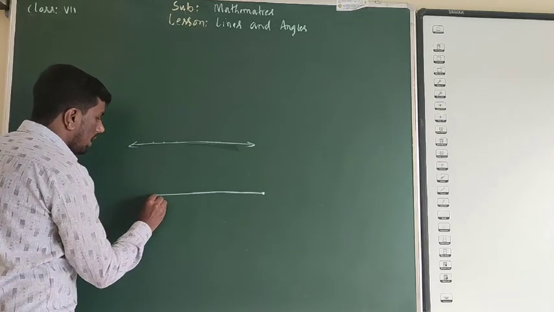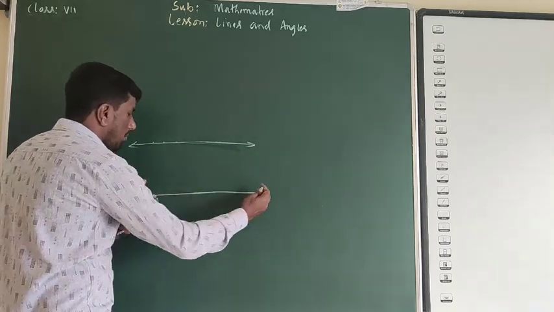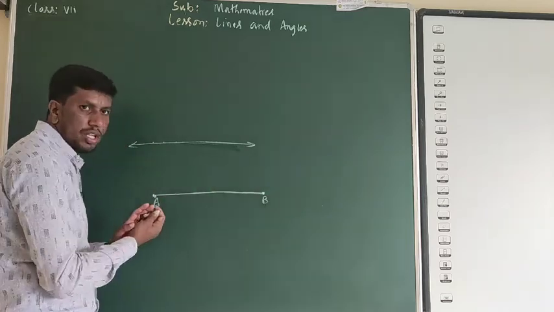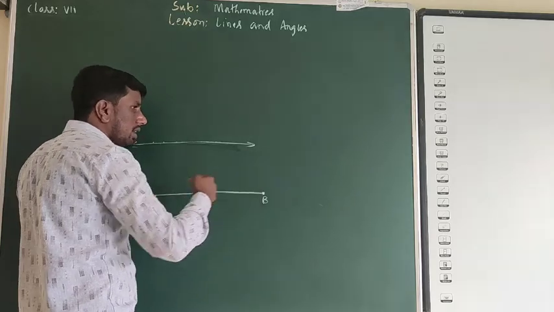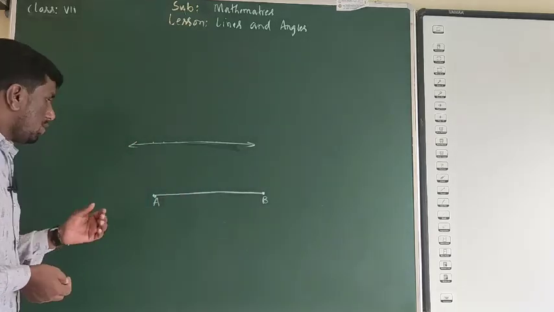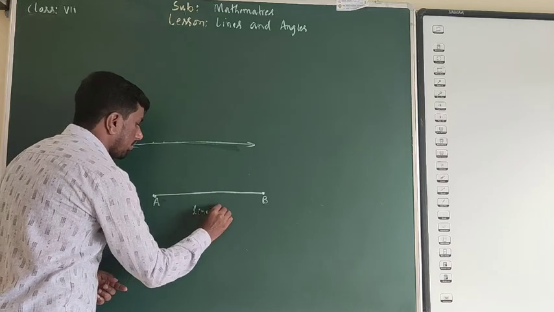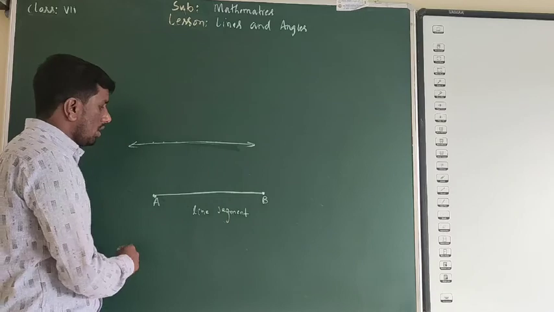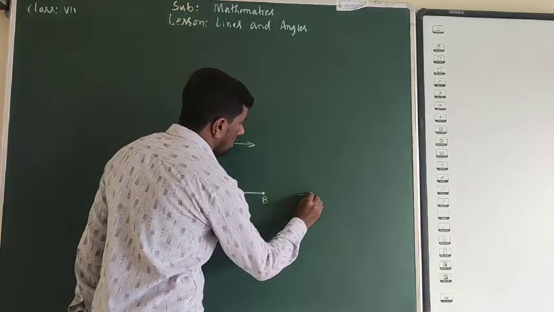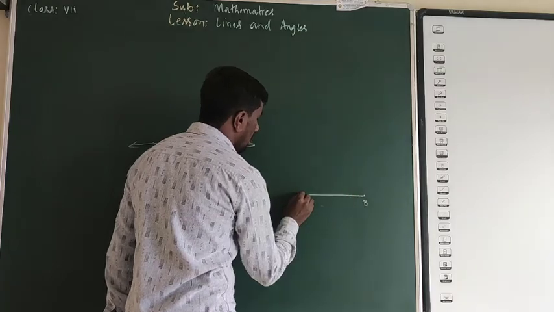Let me call those endpoints A and B. We can measure its length exactly because it has endpoints. This is a line segment, the line segment AB.